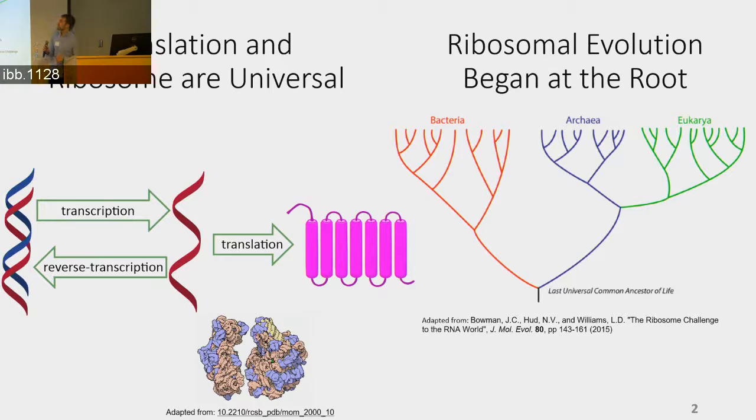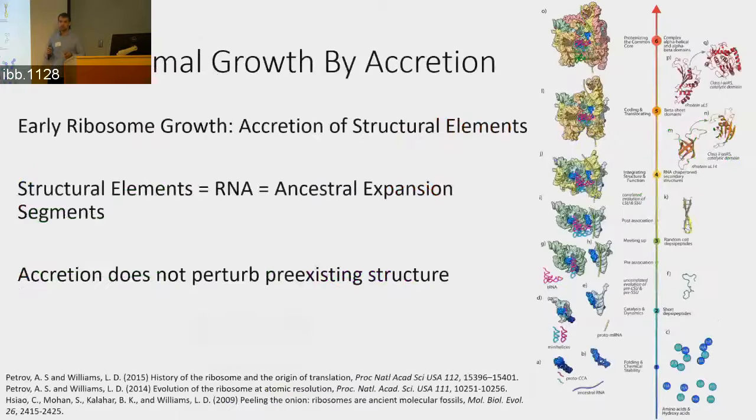And so what this means in terms of evolution of the ribosome is that it's a process that began at the very root of the origin of life. So it's older than life as we know it. And so using this insight, our lab has created a model for the evolution of the ribosome called the accretion model. So that's this figure you see on the right of this slide right here. So as I mentioned earlier, this is a process that started before extant biology.